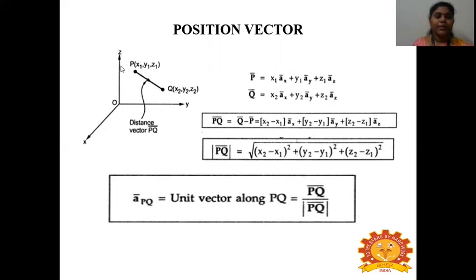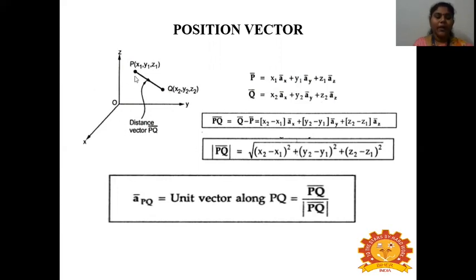So first we will represent the P vector. So P vector can be represented as x1 into ax vector plus y1 into ay vector plus z1 into az vector. Next we can represent here Q vector. So Q vector can be represented by using the points, that is x2 into ax vector plus y2 into ay vector plus z2 into az vector.